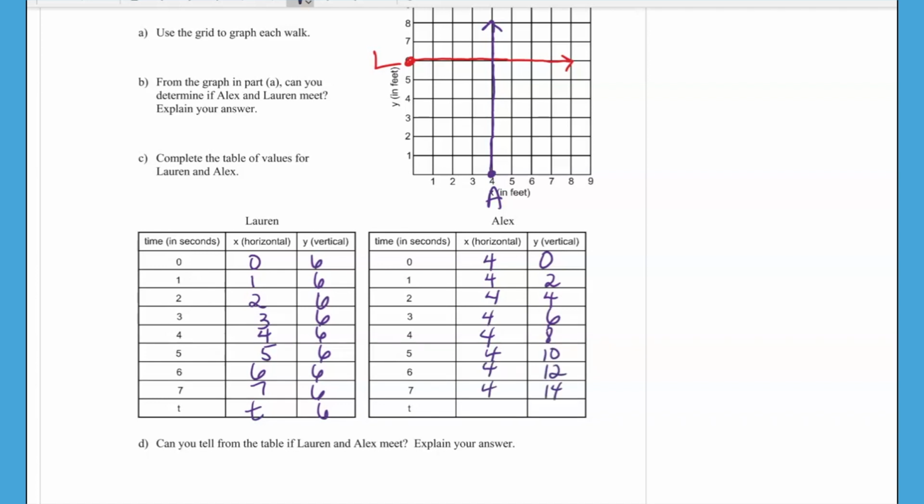And so at t seconds into the problem, Alex is still 4 feet to the right of the origin, but he is up 2t feet.